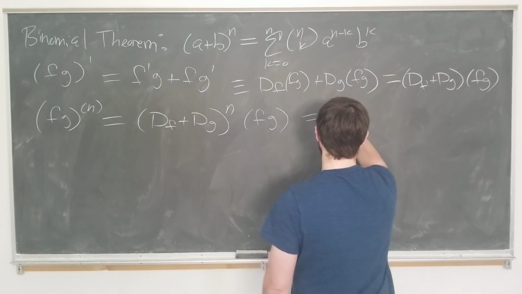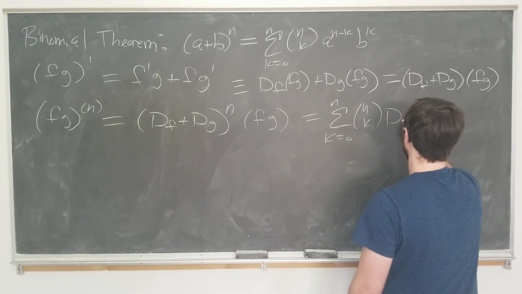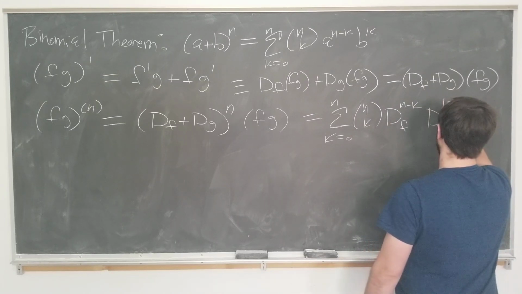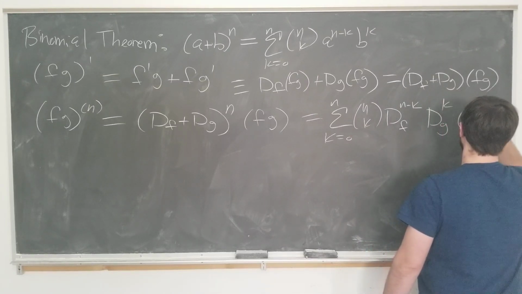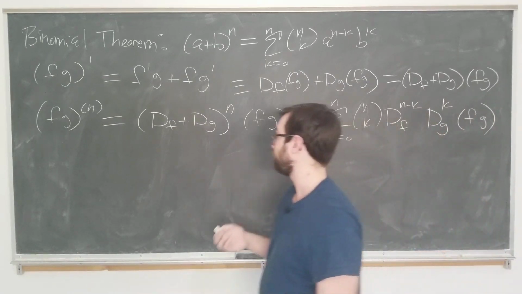Sum k equals 0 to n, n choose k. We have d_f to the n minus k, d_g to the k acting on fg. Now, the whole point of the derivatives is that they only act on one function. So we can pull them out.